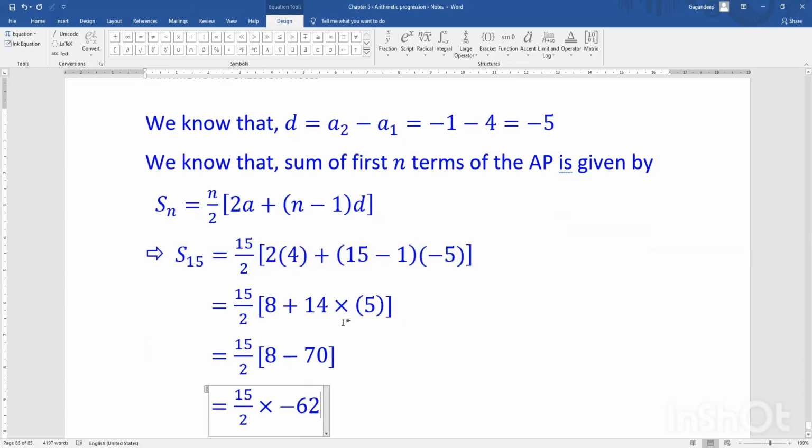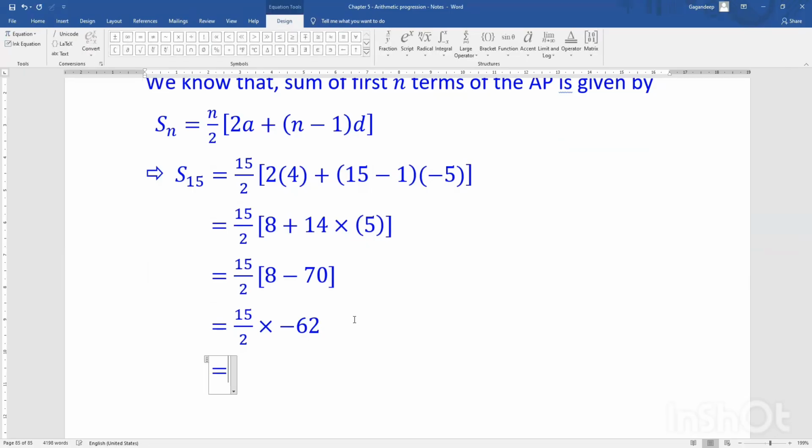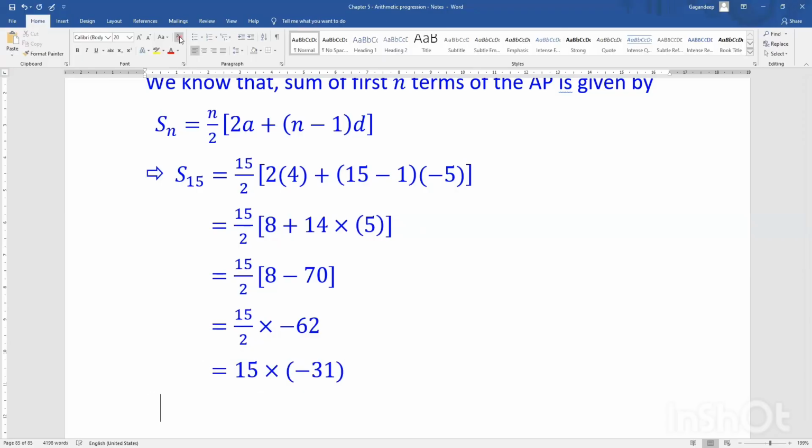We can cancel it. Then we have 2 and 62, it gets cancelled. So here 15 into minus 31. And when you multiply it, you get minus 465.